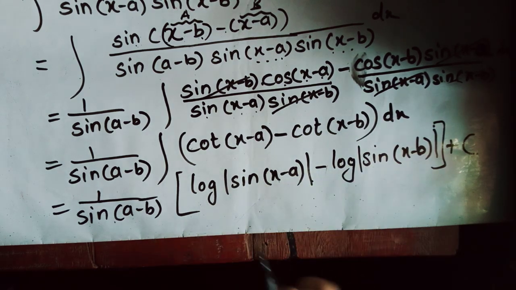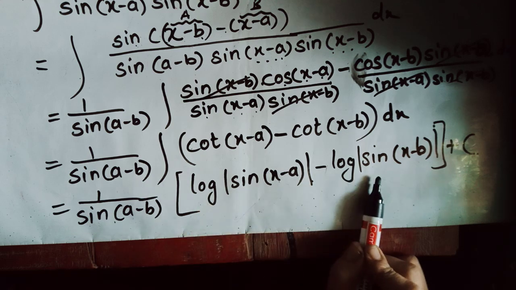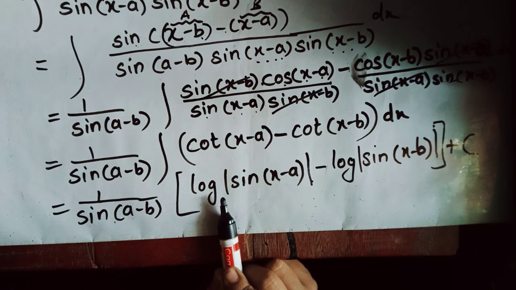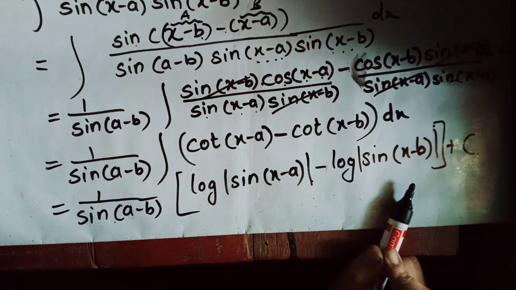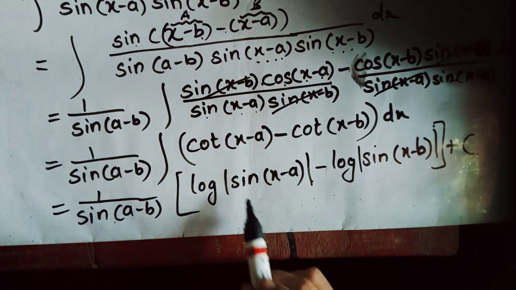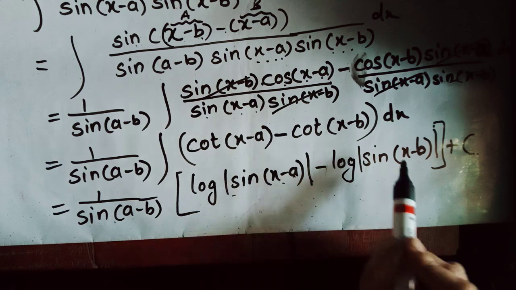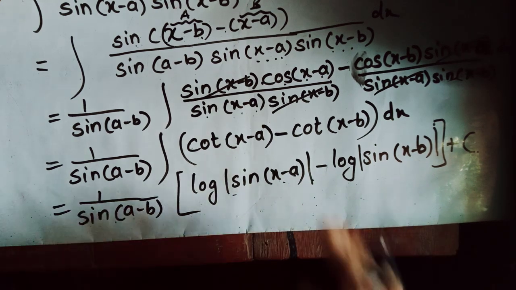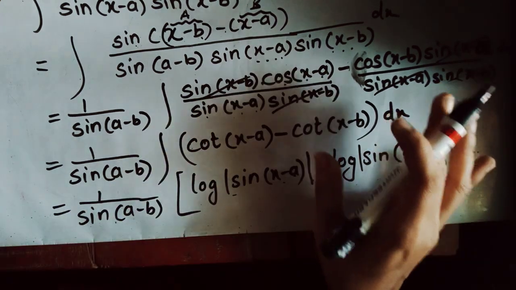Now you can use the properties of log. This is log a minus log b, so you can write it as log a upon b. So it will be log of sin(x minus a) upon sin(x minus b). That form you can also write.